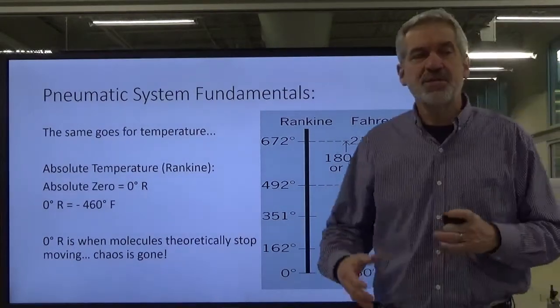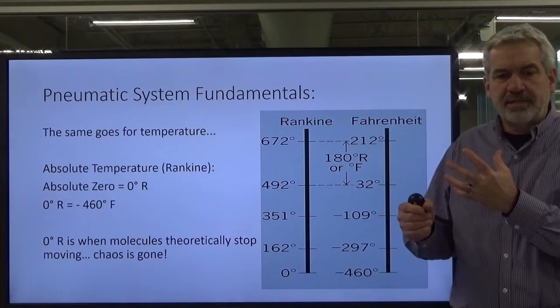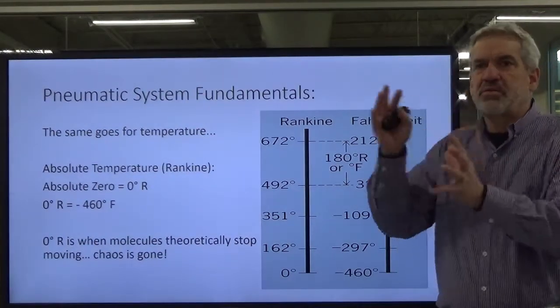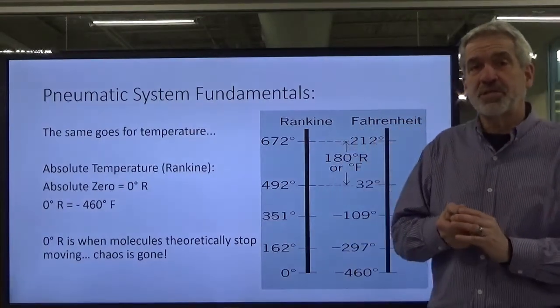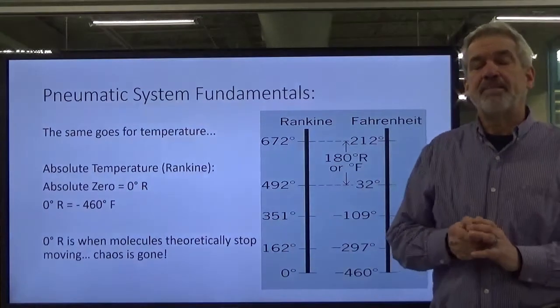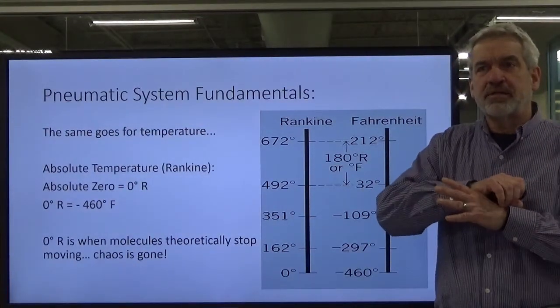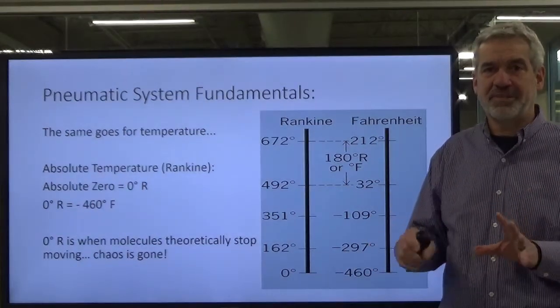Pretty cold. This is the point at which, you remember we talked about earlier our air molecules just being chaotic, okay? At minus 460 degrees Fahrenheit, or absolute 0 in the Rankine scale, the motion in our molecules ceases completely. Everything's completely still, theoretically.